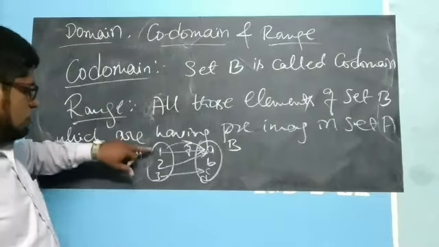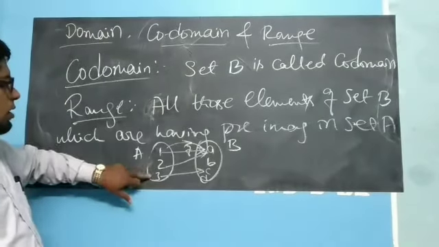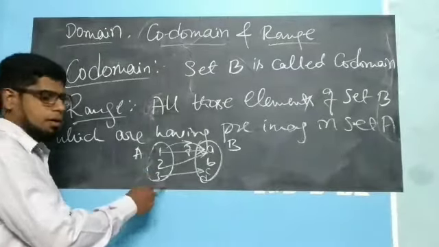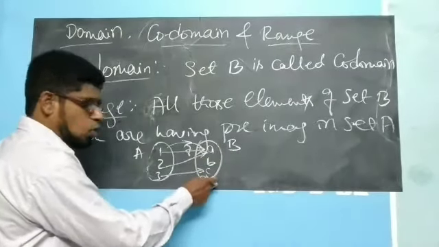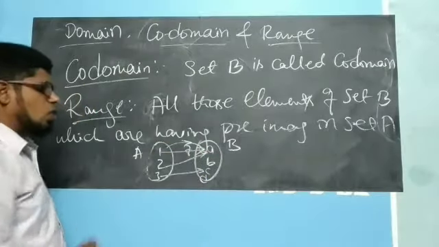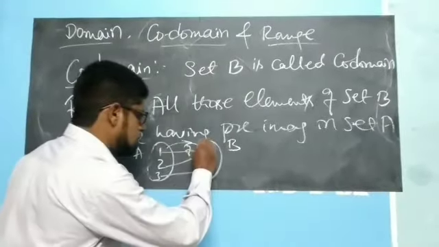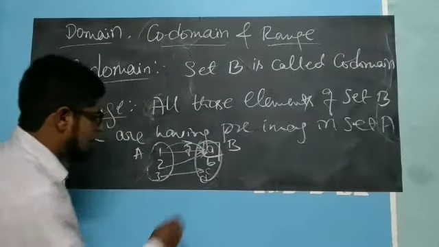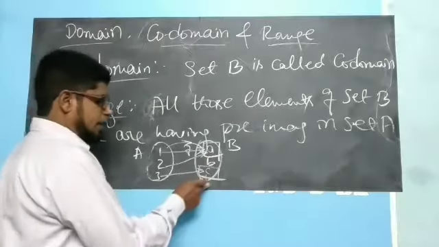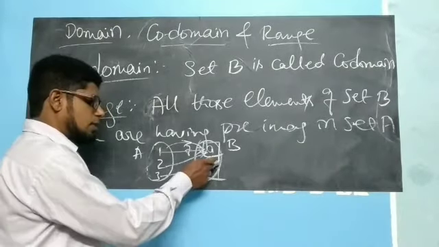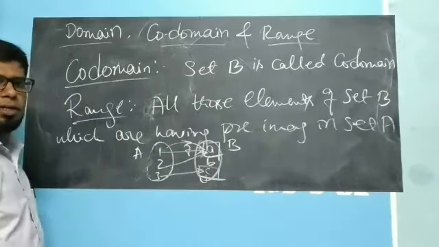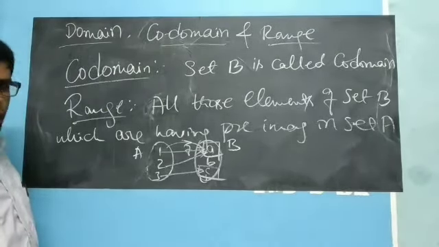Then 1, 2, 3 are the domain, or we can say that set A is the domain. Complete set B is the codomain set here. The range of this function is A and C. B and D are not in the range because they don't have any pre-image in set A. So this is the definition of range.